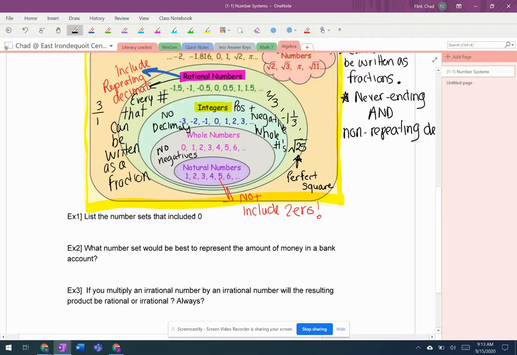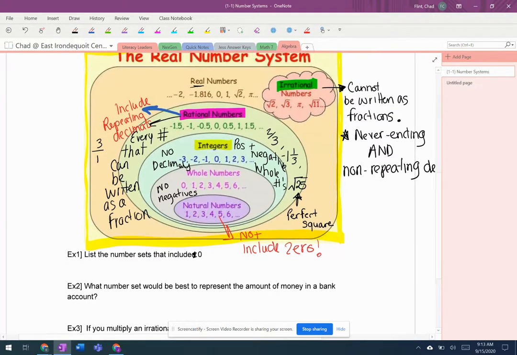If I go back up to my chart here, we just finished talking about which set does not include 0, the natural numbers. But I can see right there that the whole numbers do. So whole numbers. The integers, because those are positive and negative whole numbers.